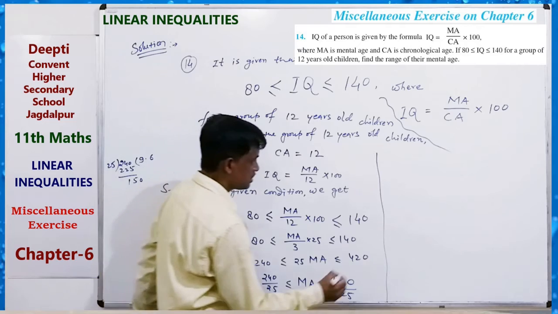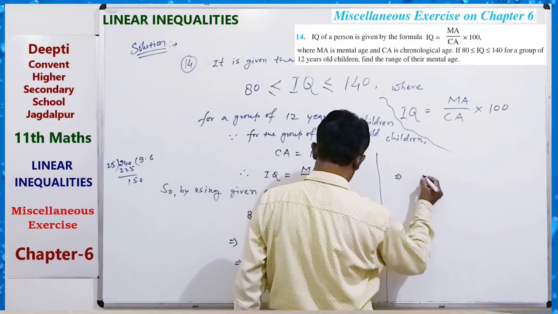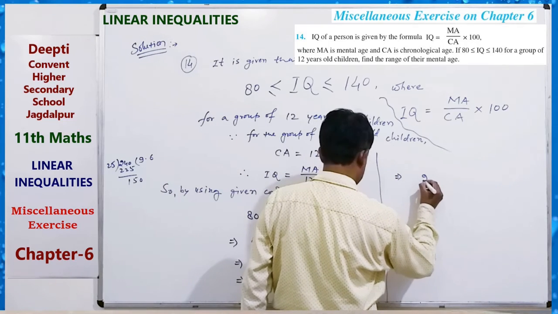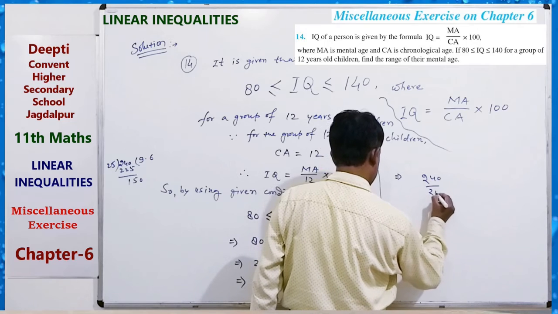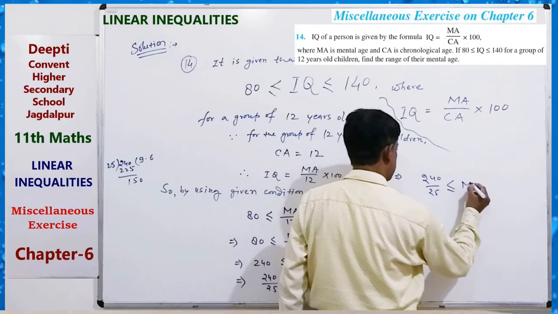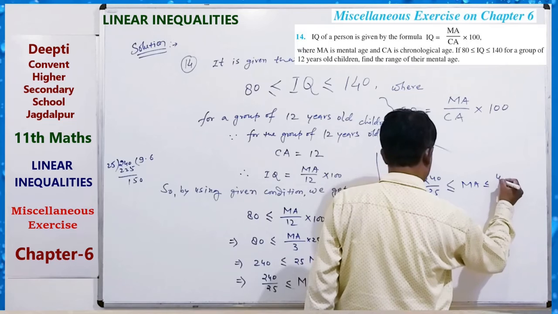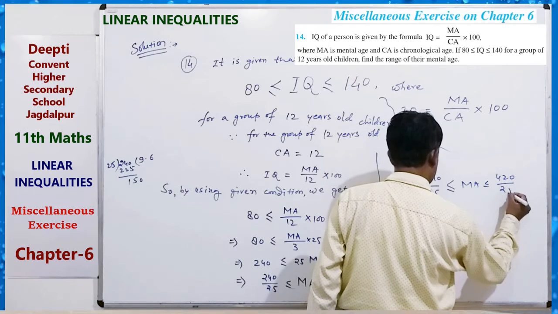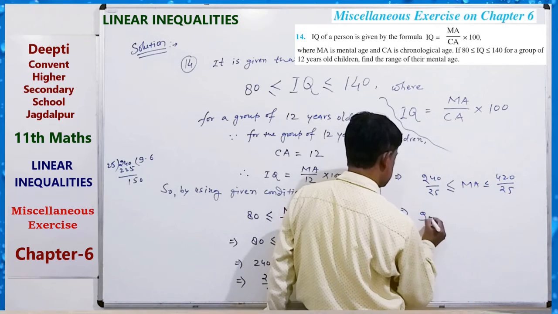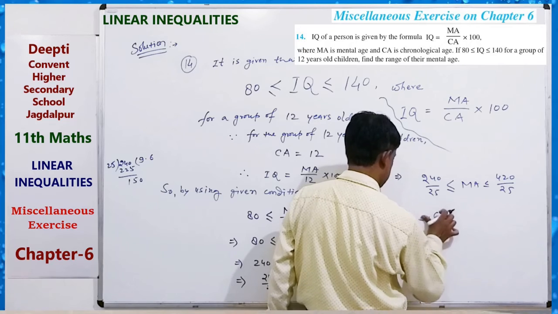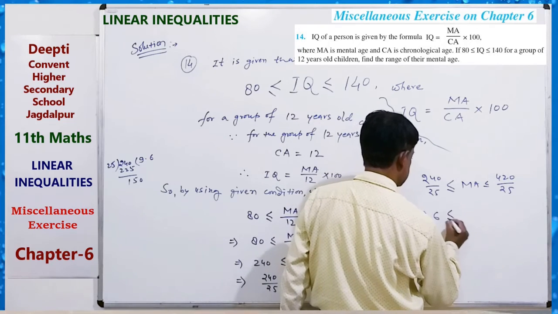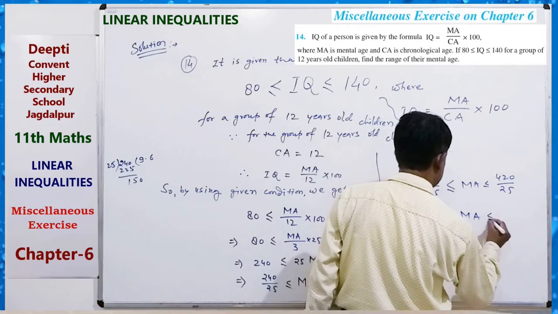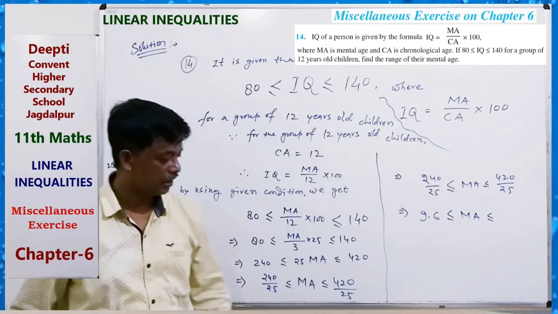Okay, so 9.6 implies 240 by 25 is less than or equal to MA is less than or equal to 420 by 25, means 9.6 is less than or equal to MA, less than or equal to what?